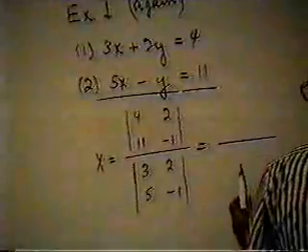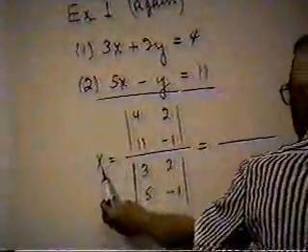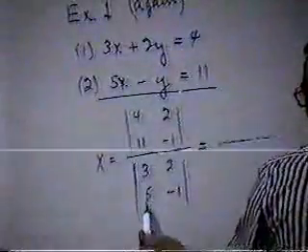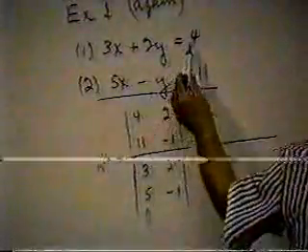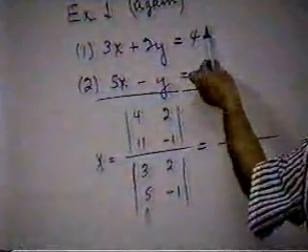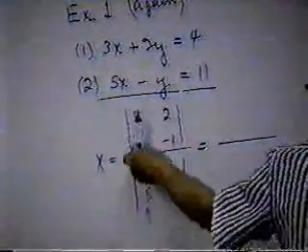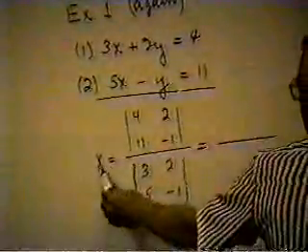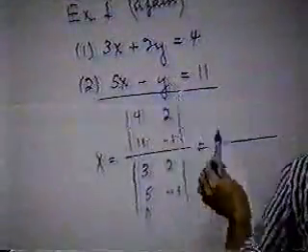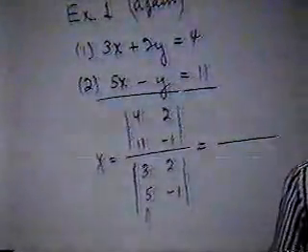Now the numerator is this. If I'm looking for x, I replace the x column with the constant numbers. Remember, 4 and 11. So I take these two numbers, the constants, and put them in place of the x column. If you're looking for y, you would take this 4 and 11 and put it in place of the y column. That's how simple the concept is.